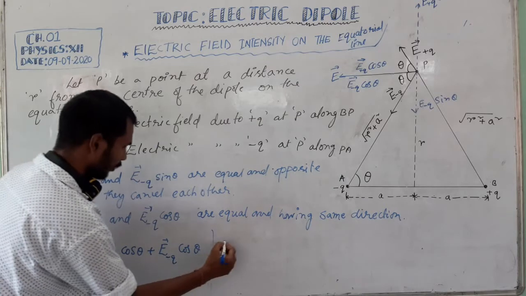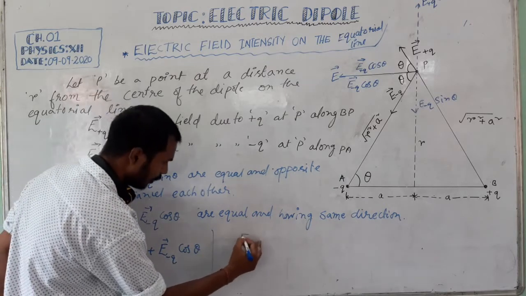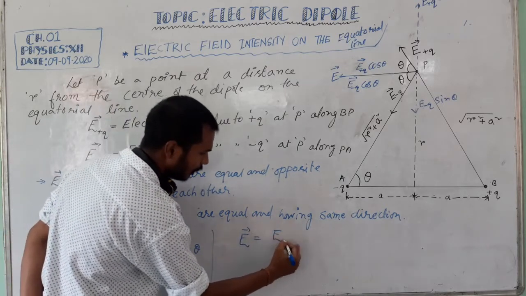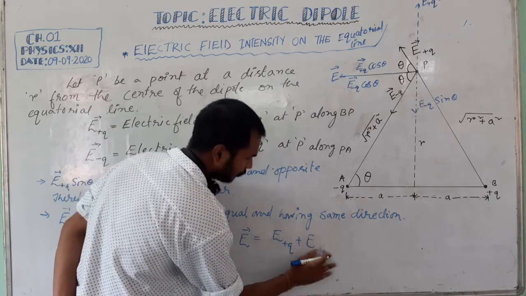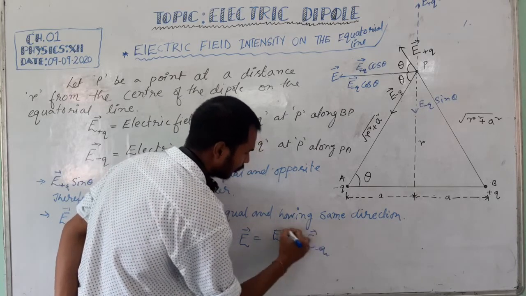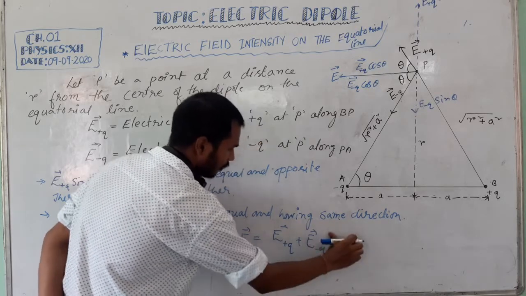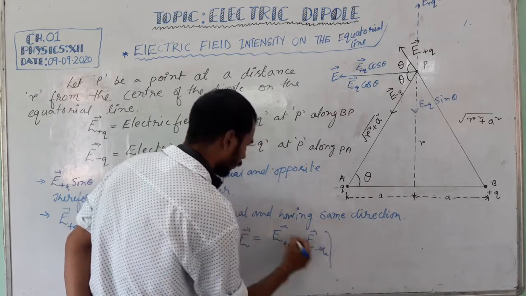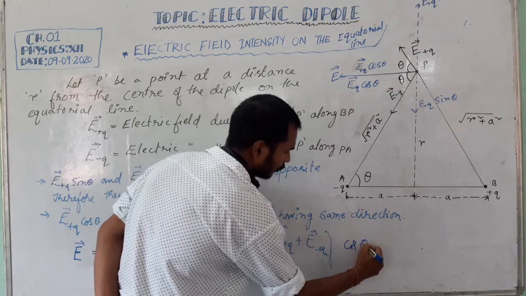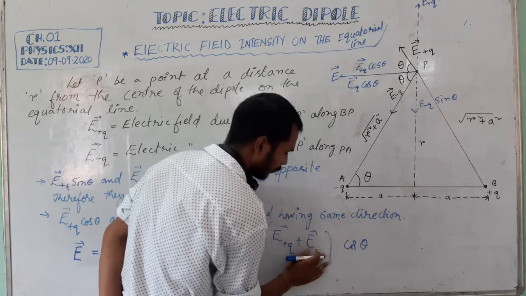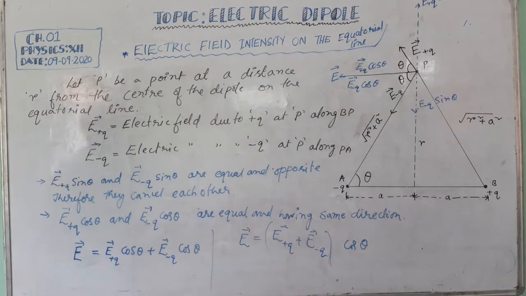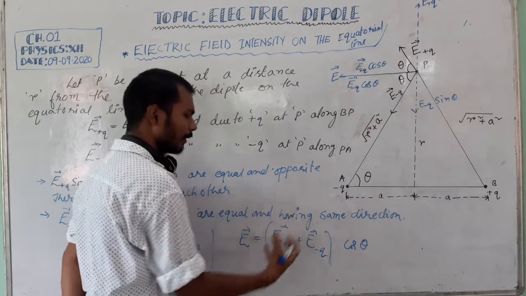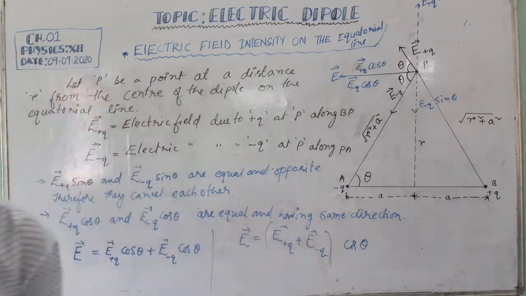What is common here? Cos theta. So E vector is equal to E plus Q plus E minus Q, times cos theta. Up to this clear? Now we will find the value of this and add.